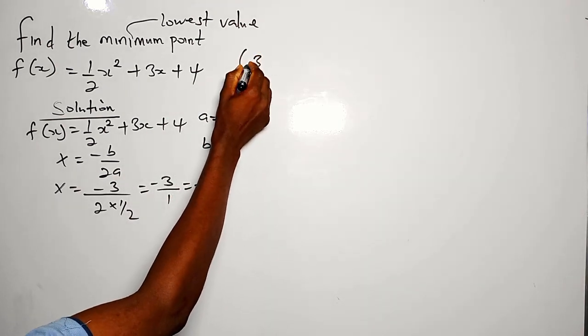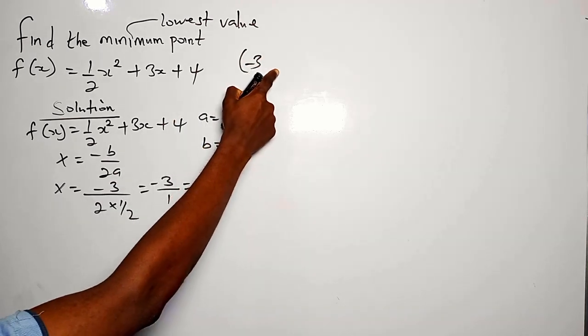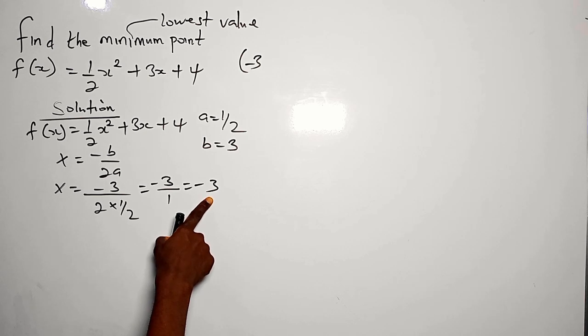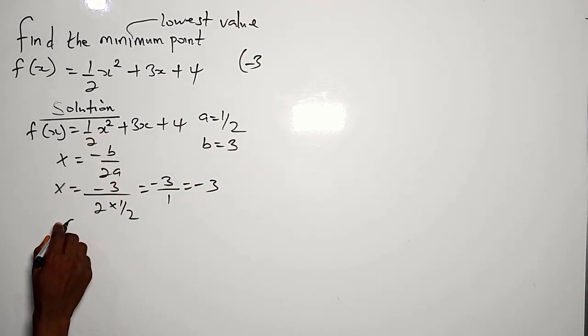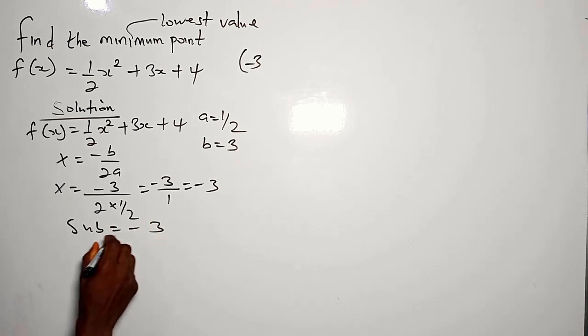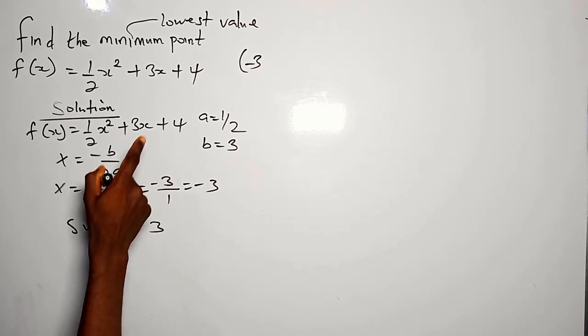We can easily determine the value of y by substituting this back into this function. When x is minus 3, we take it back to this function to get the value of y.